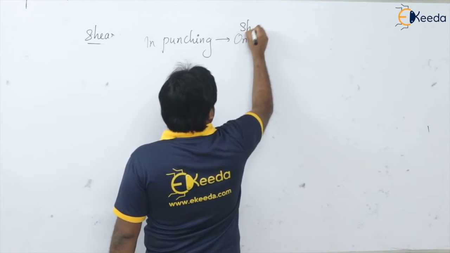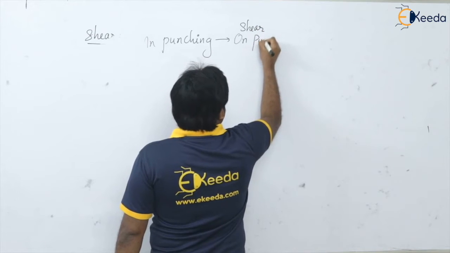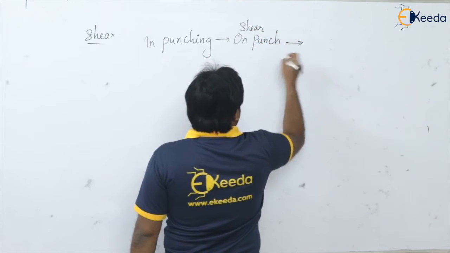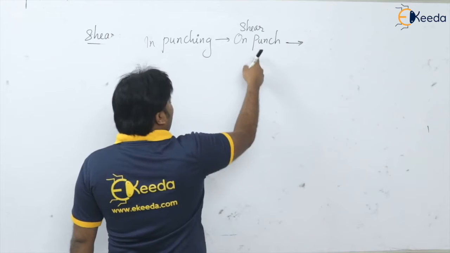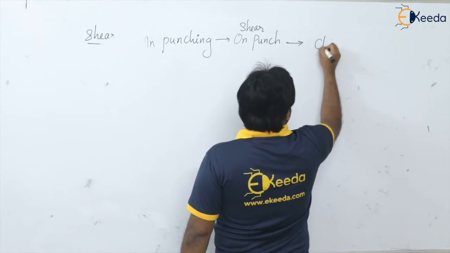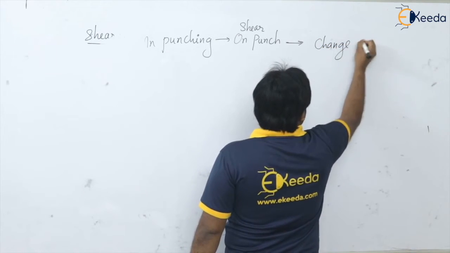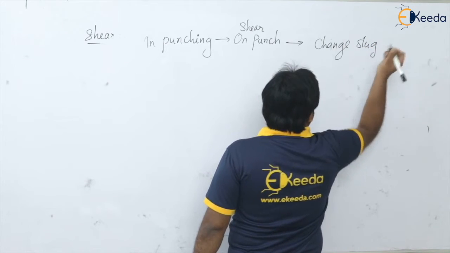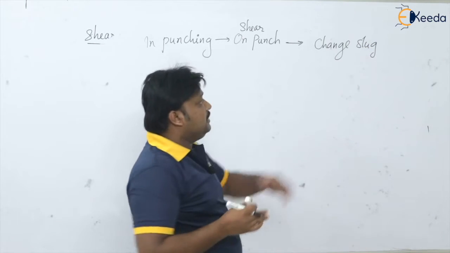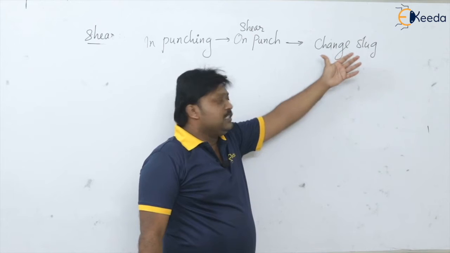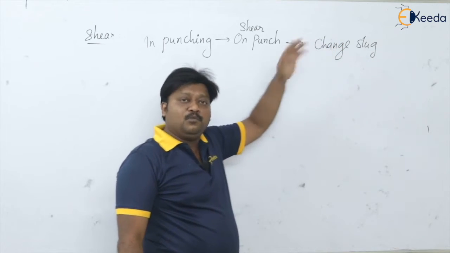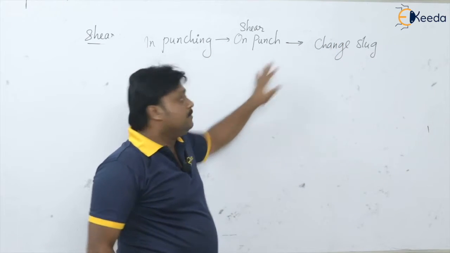What will the effect be? It is going to change the slug or disc or blank that you are getting, and of course this is immaterial for you, this is scrap for you. You are interested only in the produced hole, so it is okay.